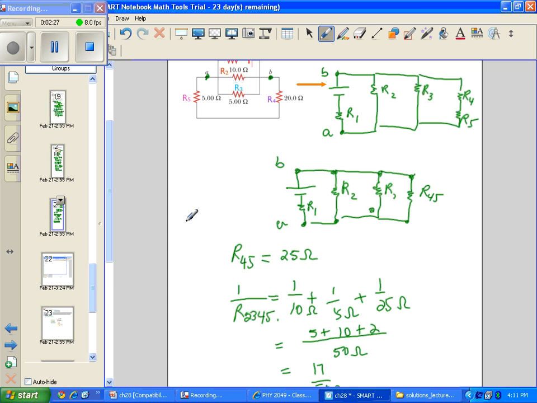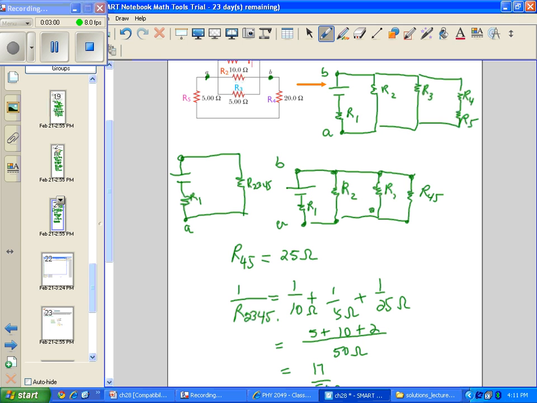If we have the point A here, and R1 here, and our battery here, and the point B here, what we have just done, R2, 3, 4, 5, before we added it to R1, is actually R2, 3, 4, 5.